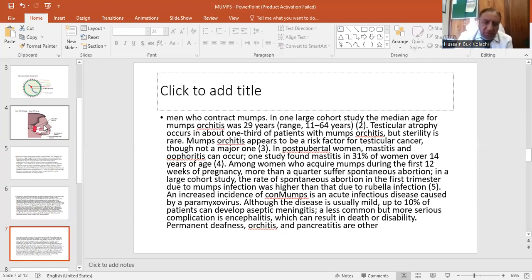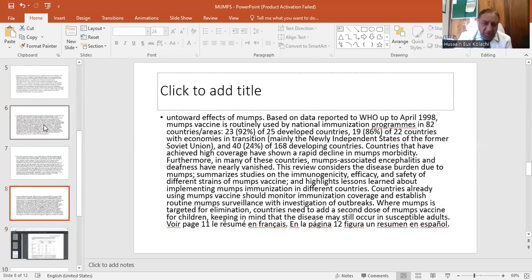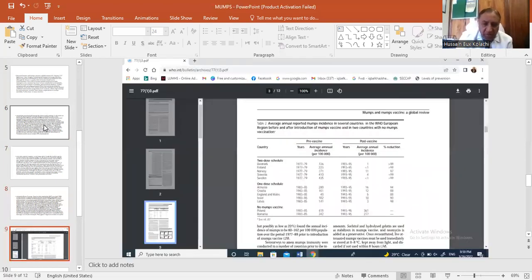Orphans and people living in unhygienic conditions suffer more from mumps. Then another slide will show you that the disease may still occur in susceptible adults, so we should have great prevention about this.